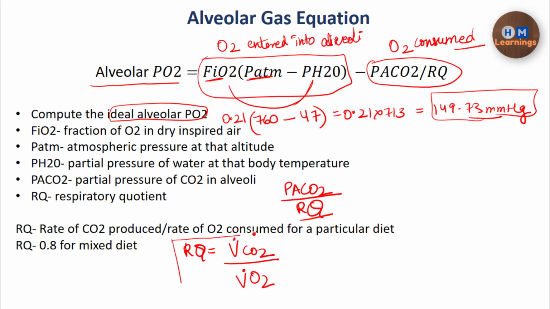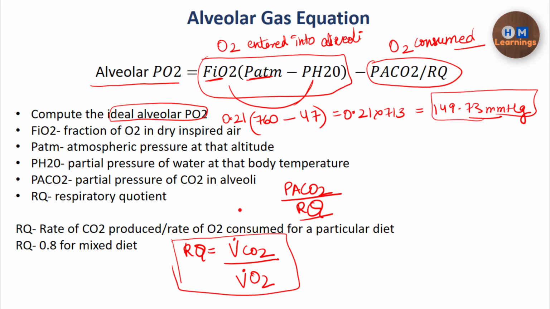For a particular diet this value is constant. For example, for carbohydrates, 6 moles of carbon dioxide are produced and 6 moles of oxygen are consumed. So this indirectly tells us the amount of carbon dioxide produced and the amount of oxygen consumed by the body.